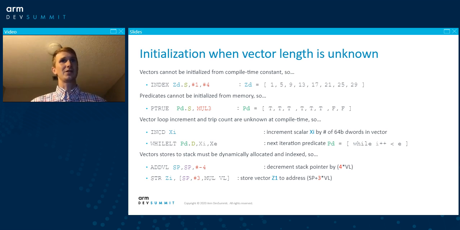I can also use instructions like ptrue to say, initialize my vector with values of true in multiples of 3. So I get true, true, true, true, true, true, until there's not enough space for a triple of true. And the remainder, in this case, would be false, false, because you don't have enough space for a triple of true. So there's a rich set of these instructions.